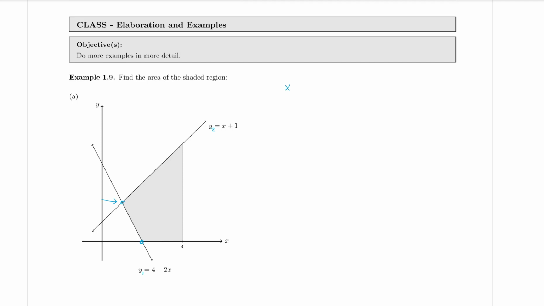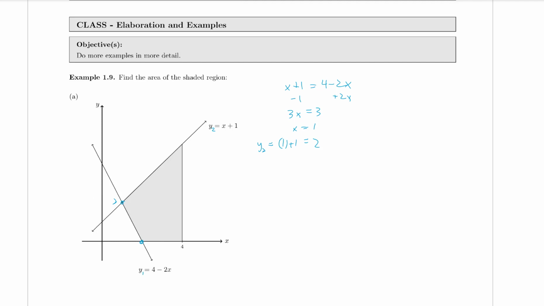So to get that, we have x plus 1 is equal to 4 minus 2x, or subtract the 1, add the 2x. So we have 3x is equal to 3, or x is equal to 1. So the x value at this point is 1. To find the y value, we plug back in for y. So y2 is equal to 1 plus 1, which is 2.